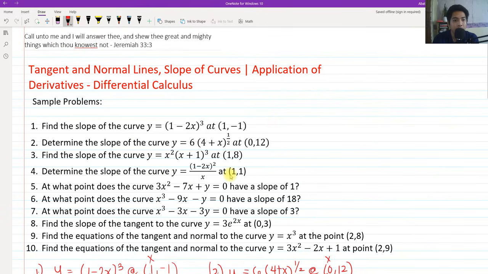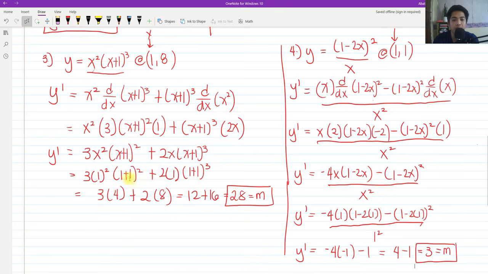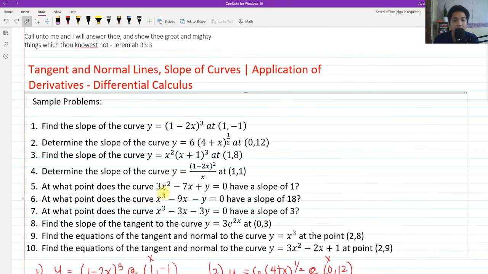So for number 5, at what point does the curve 3x squared minus 7x plus y equals 0 have a slope of 1? So in this given problem, we are no longer getting the slope because the slope is actually given, which is 1.